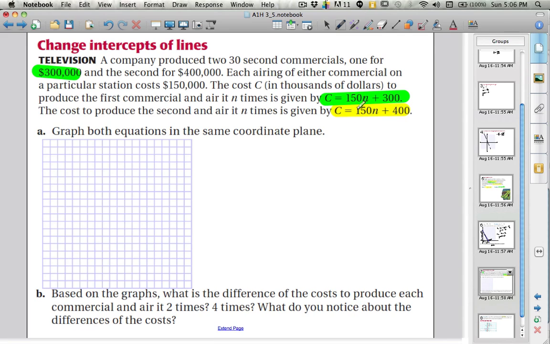Again, the cost for airing didn't change, but the second one cost $400,000 to make, so it's got the $400,000 being added in. If I want to graph the equations on a coordinate plane, again, we're going to be working within the first quadrant, so I'm going to stay there pretty much.